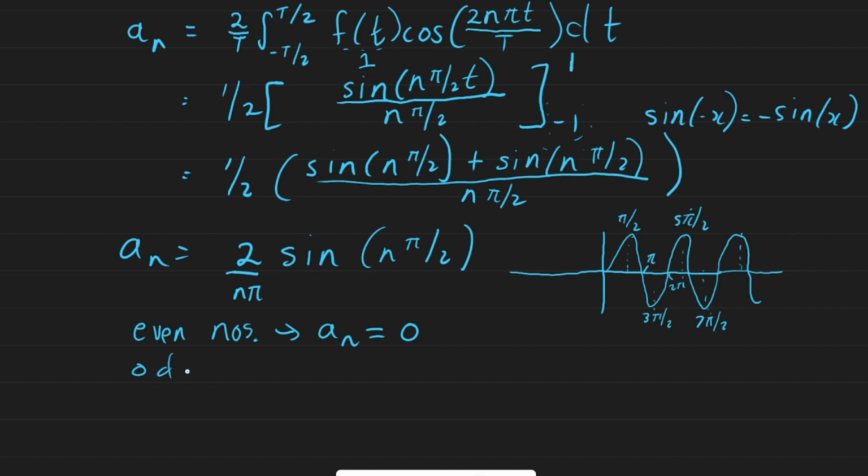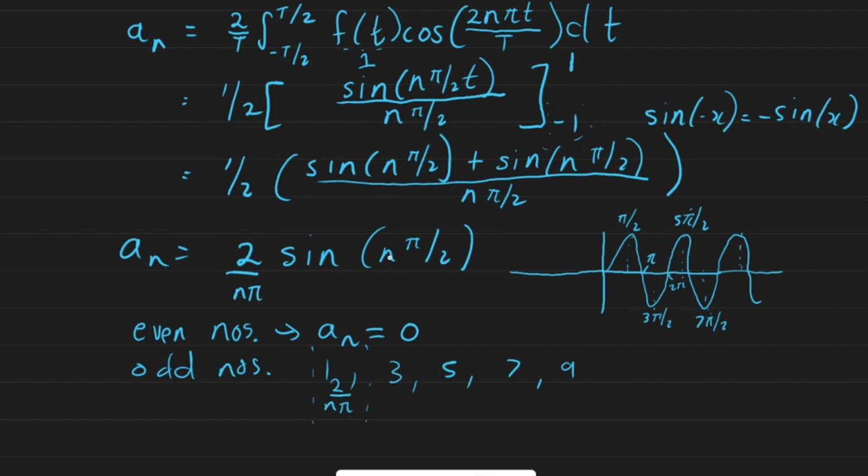Now let's look at odd numbers. So we have 1, 3, 5, 7, 9, etc. So if n is equal to 1, we have sine of pi over 2. It's a positive number, so we just have 1. So this an is going to take on the value of 2 over n pi.